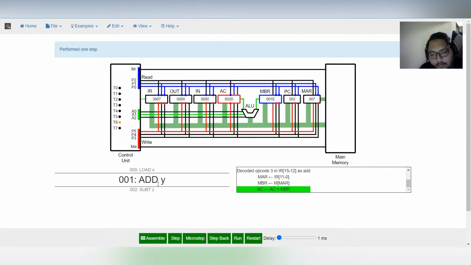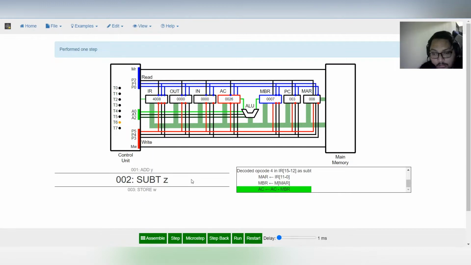It is the same for addition of Y. The IR is 3007, then the MAR value is 007, and the MBR is 001E, then it goes to the accumulator.